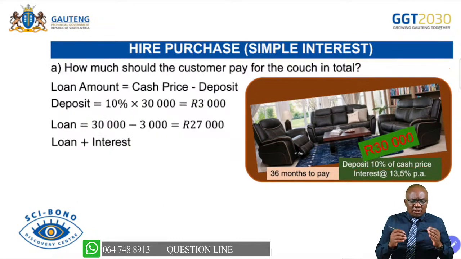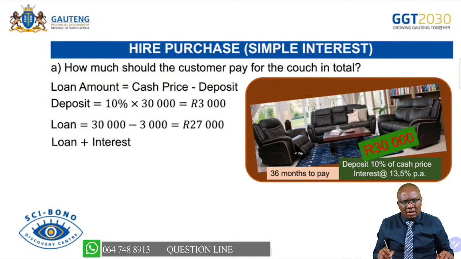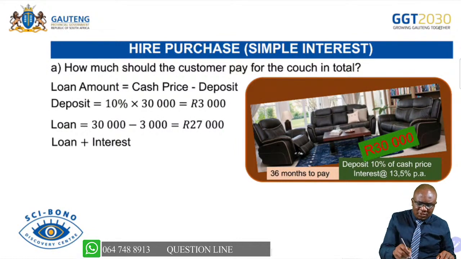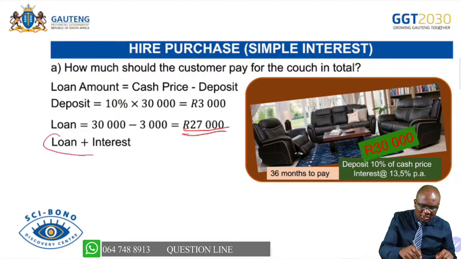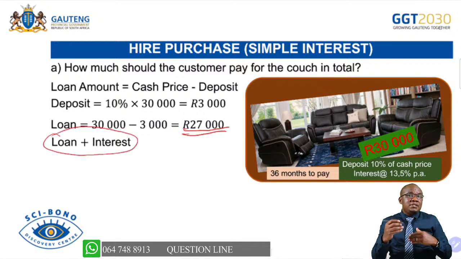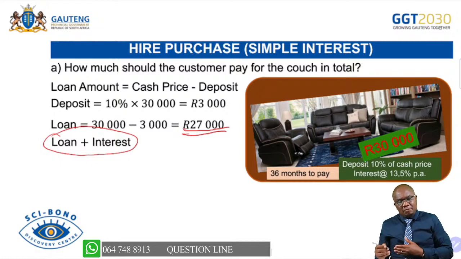Okay, so now what you do, the loan amount is not 30,000. The loan amount is what? 27,000 because I've paid a deposit of 3,000. So now the interest is going to be charged on what? On 27,000. That's what we are doing now. You see, it's a bit different from the previous one because the previous one did not have a deposit.